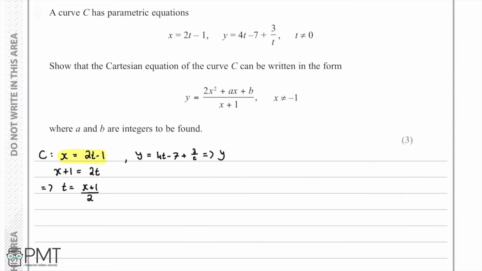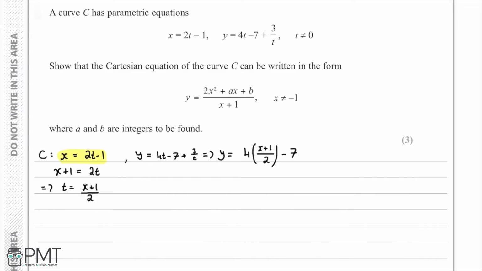y is going to be equal to 4 lots of x plus 1 over 2. Then we're going to subtract 7. And then we have 3 over t. So that will be 3 over x plus 1 over 2.